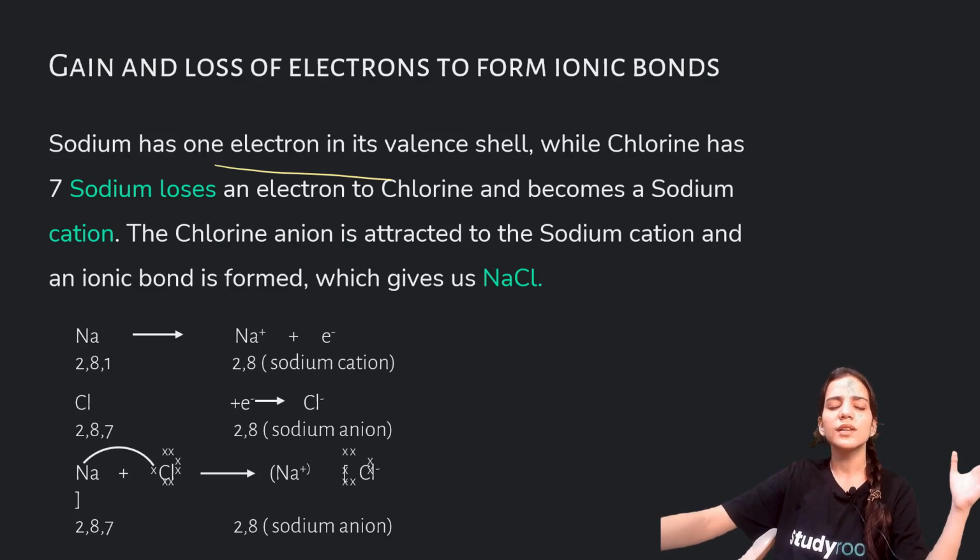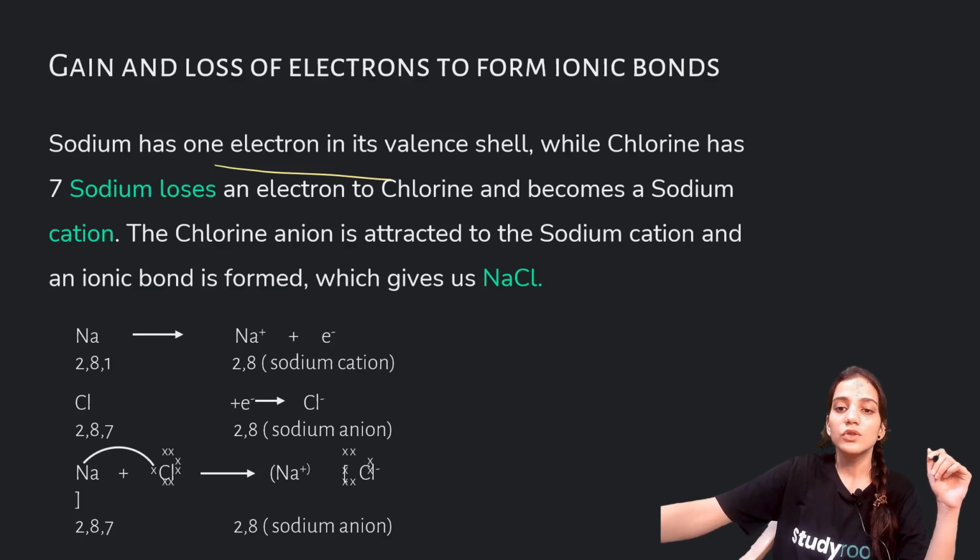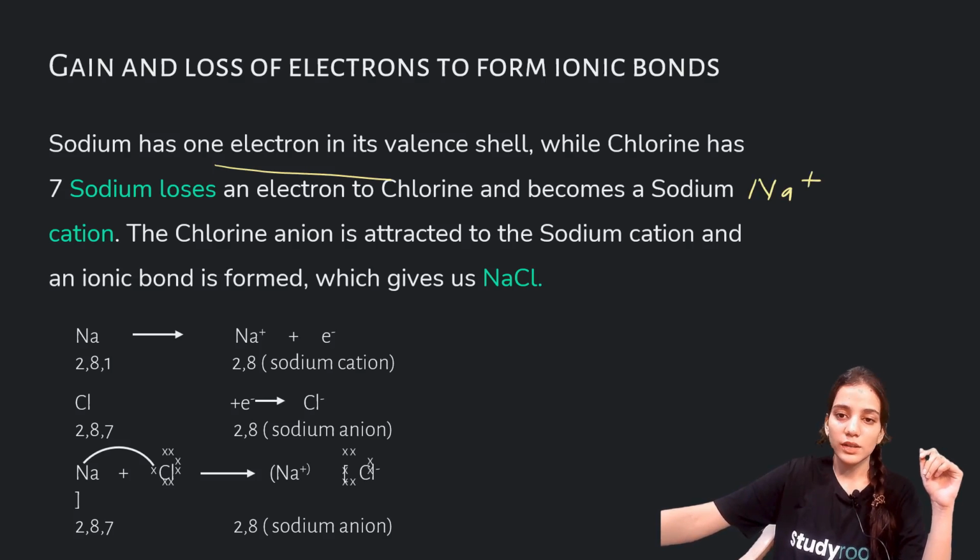So sodium loses an electron to chlorine and becomes a sodium cation, Na plus. It is donating one, losing its 1 electron, so it will become a cation, that is Na plus, with a plus sign.